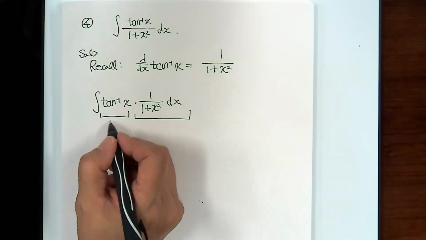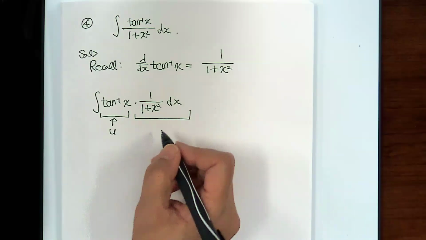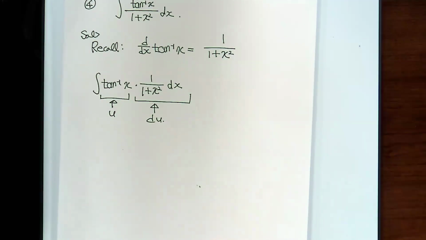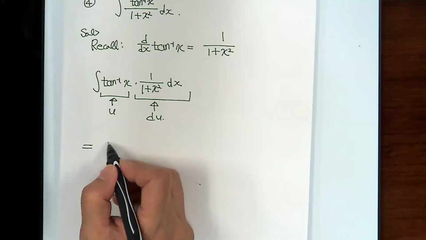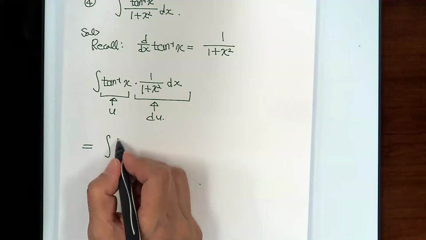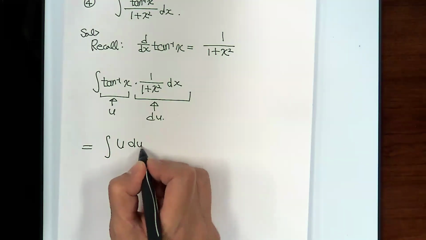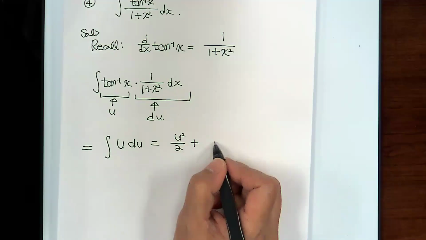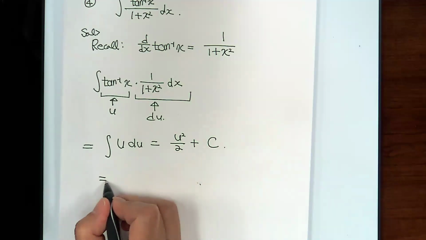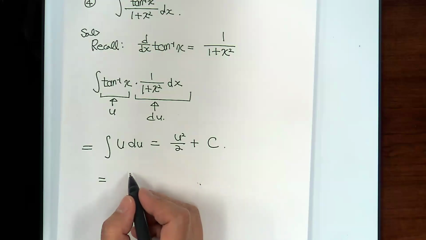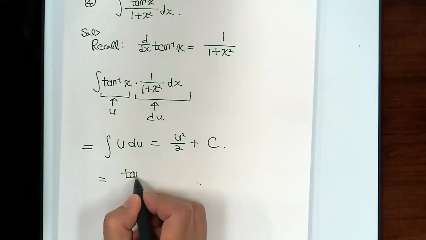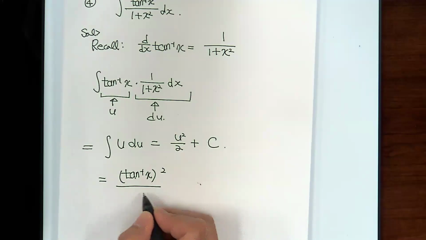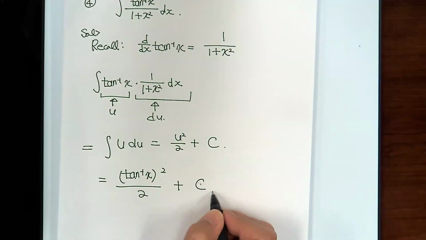So if we put this part u, then this part will become du. So this one can be rewritten as the integral of u du, and then that is u squared over 2 plus c. What is u? u is tangent inverse of x, so the answer is tangent inverse of x squared over 2 plus c.